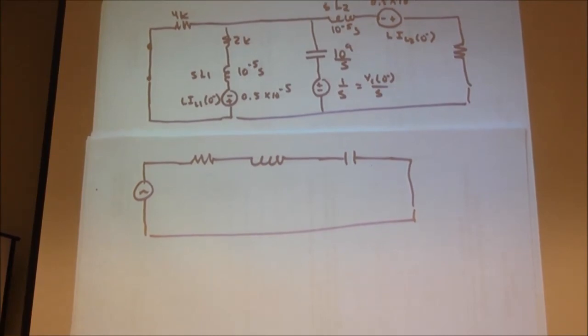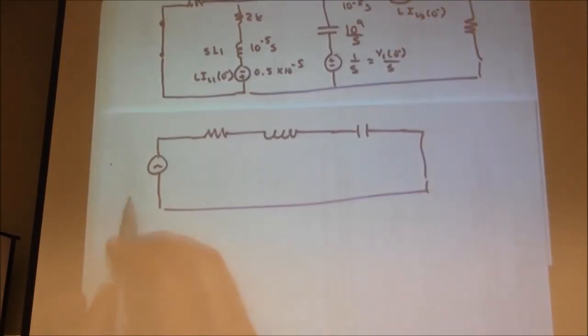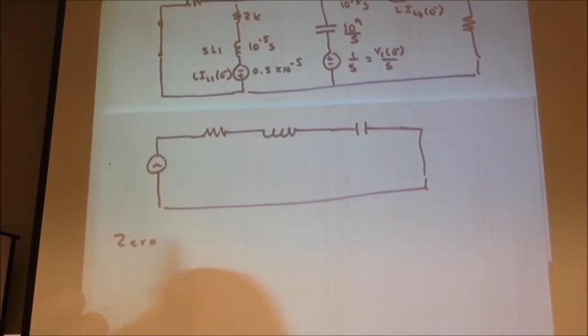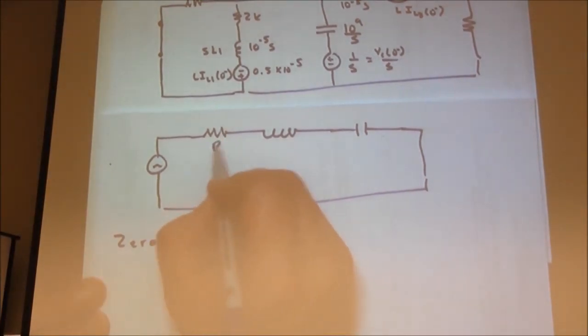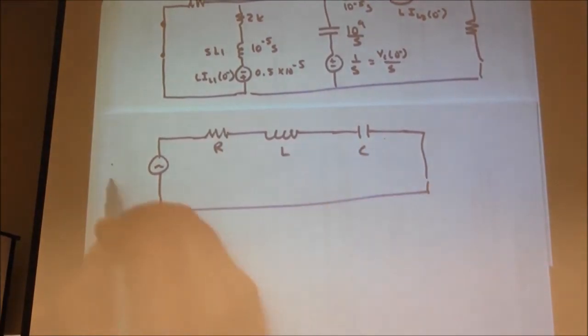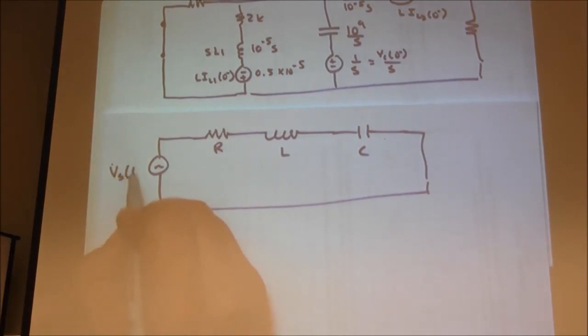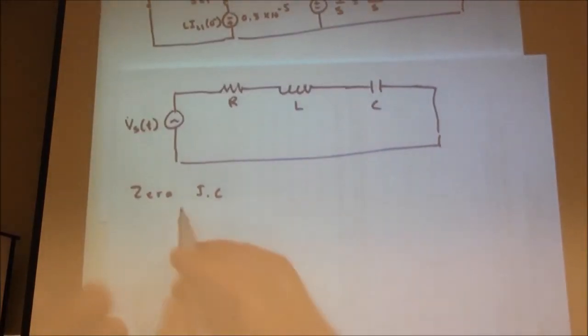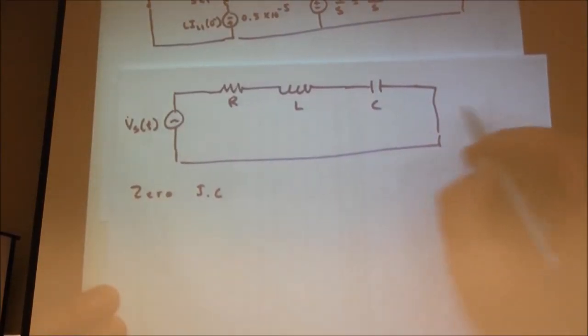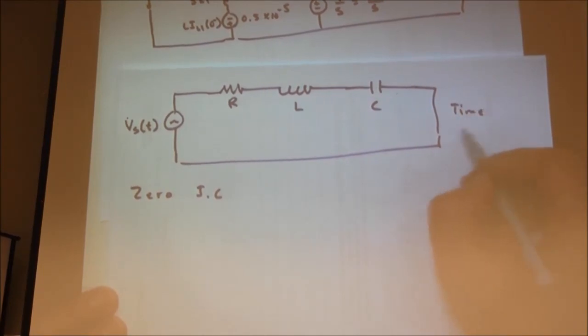There's our RLC circuit. Let's do a zero initial condition problem, so everything's nice and simple. There's R, there's L, there's C. There's some V source of t in the time domain. This is our time domain circuit.